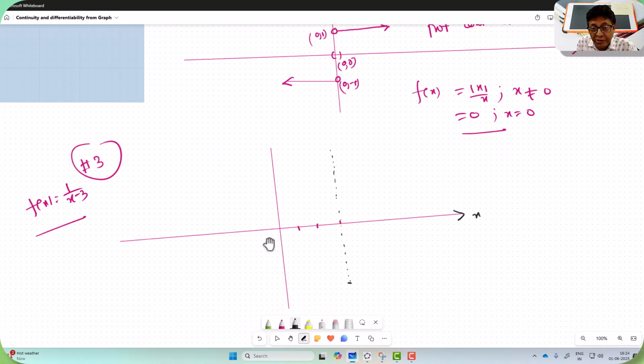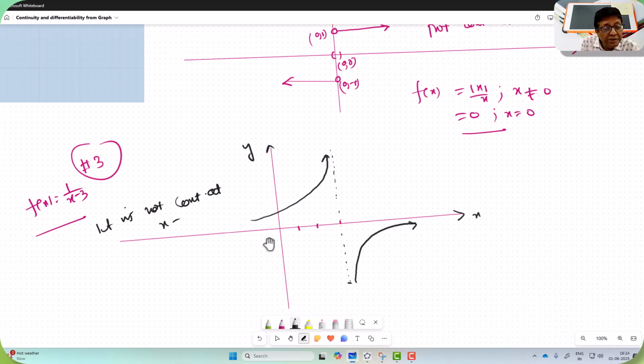The line x equal to 3 exists, the graph also exists, but you cannot draw the graph of the function without lifting your pen or pencil. This function is not continuous at x equal to 3.